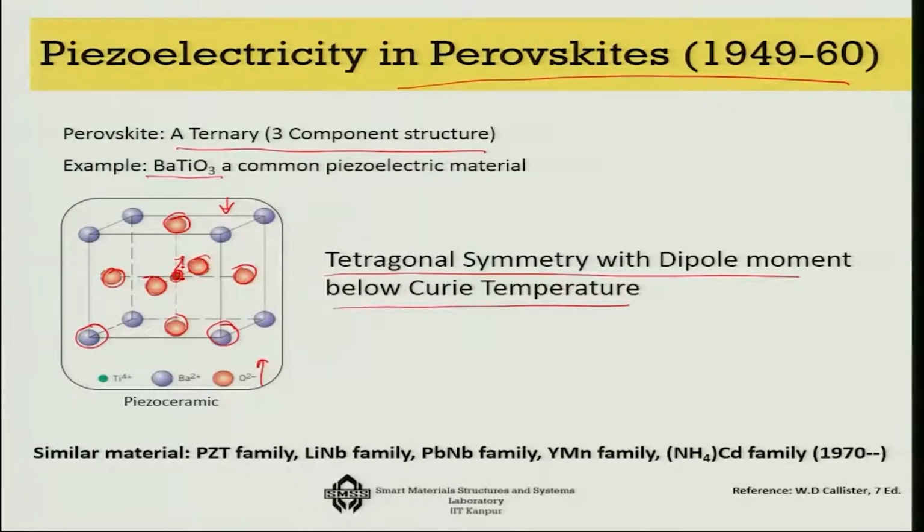So at that atomic level it will get deformed, and that small deformation is good enough to disturb the structure so that you get electricity out of it, because titanium is an electron giver and oxygen is an electron taker. So this titanium at the center is just pseudo stable, and it will generate a dipole moment the moment you deform it.